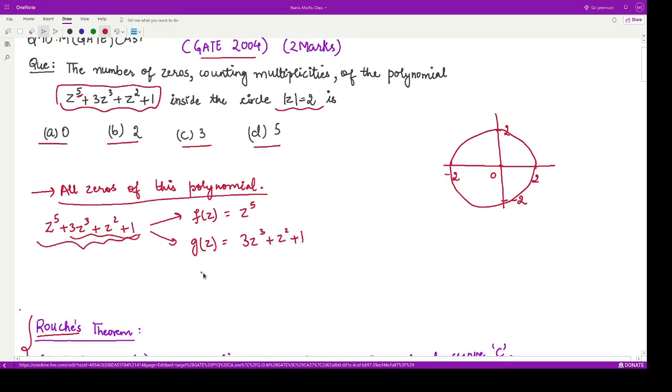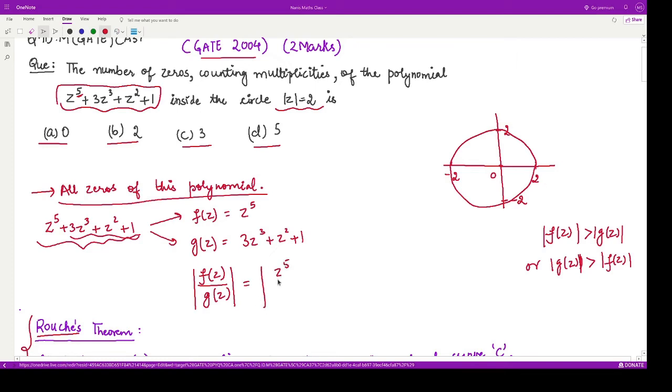Now I can divide these two and take their modulus in order to obtain a relation between their modulus values. So I am checking whether the modulus of f of z is greater than the modulus of g of z, or vice versa. For that I am just substituting their values.